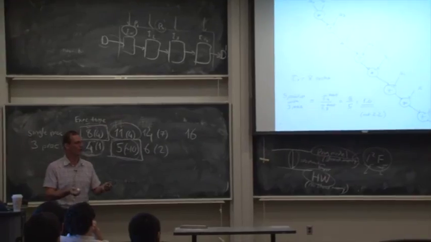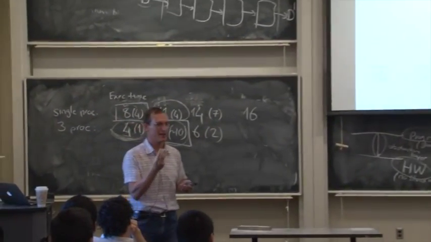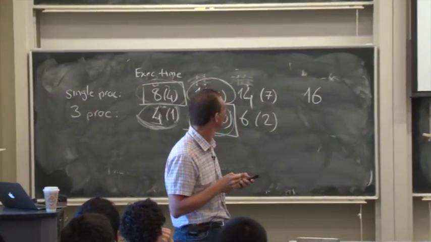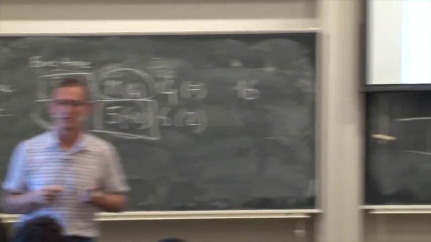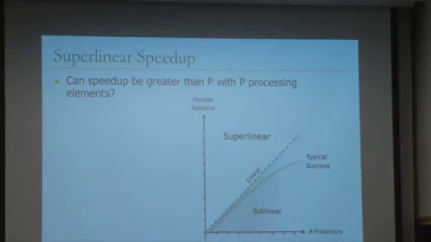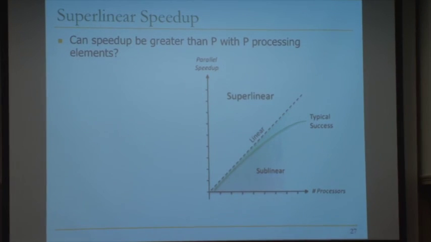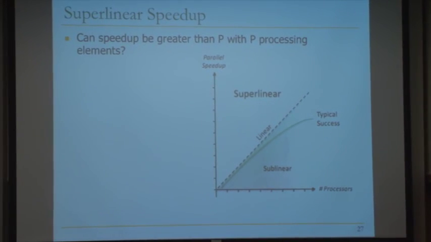You get 3.2 speed up with 3 times as many processors. That's called superlinear speed up. And if you hear something like this, you should be very, very wary of why that happens. Basically, superlinear speed up means speed up is greater than p with p processing elements compared to 1 processing element.